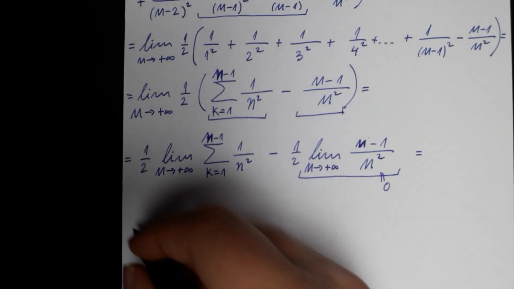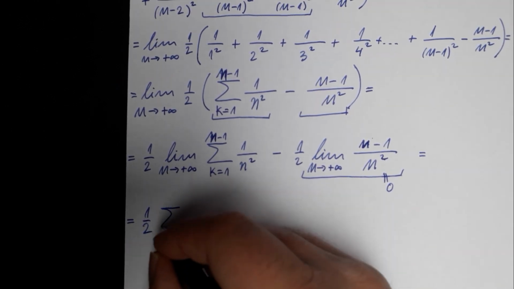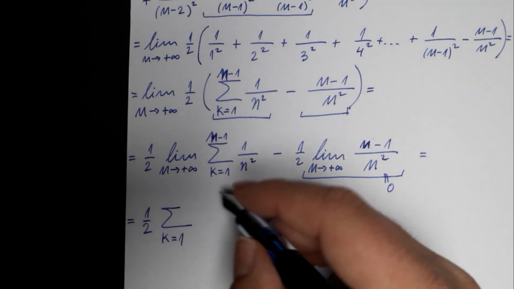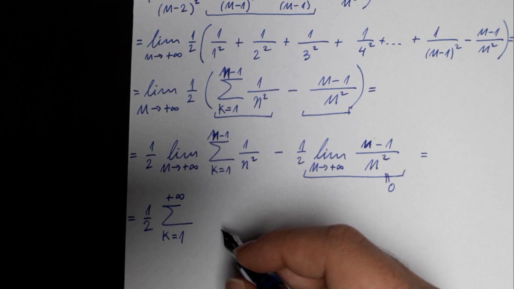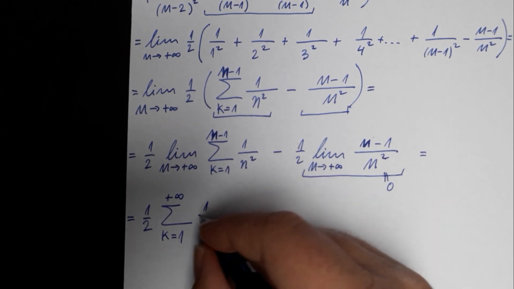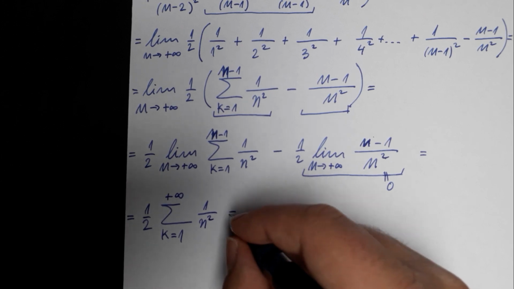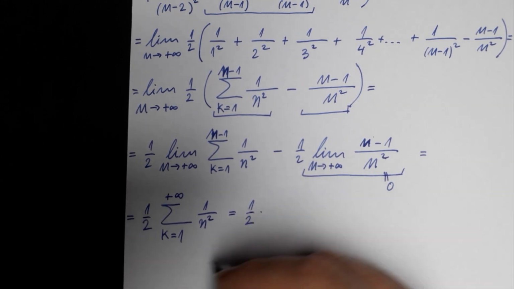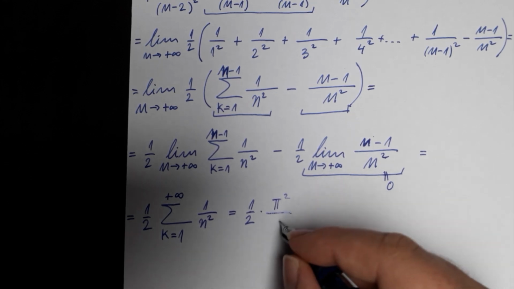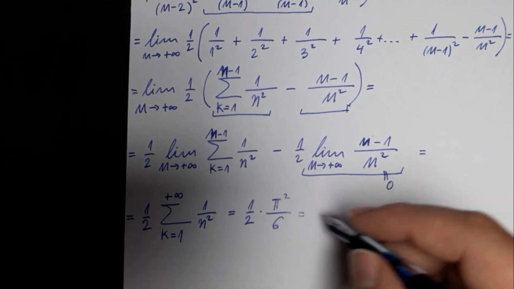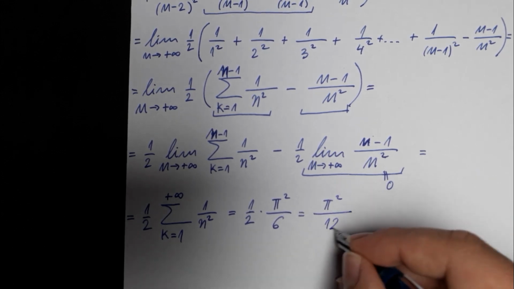So this is only equal to 1/2, and we can write this as the sum where k goes from 1, and the limit we can put up here as the positive infinity of 1 divided by k squared. So this is then equal to 1/2, and this sum is equal to pi squared divided by 6, which is finally going to give us the result of pi squared divided by 12.